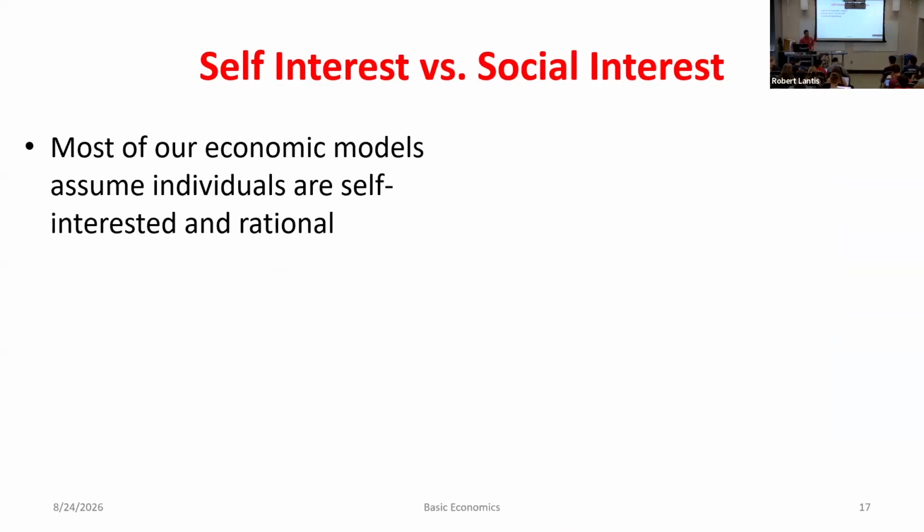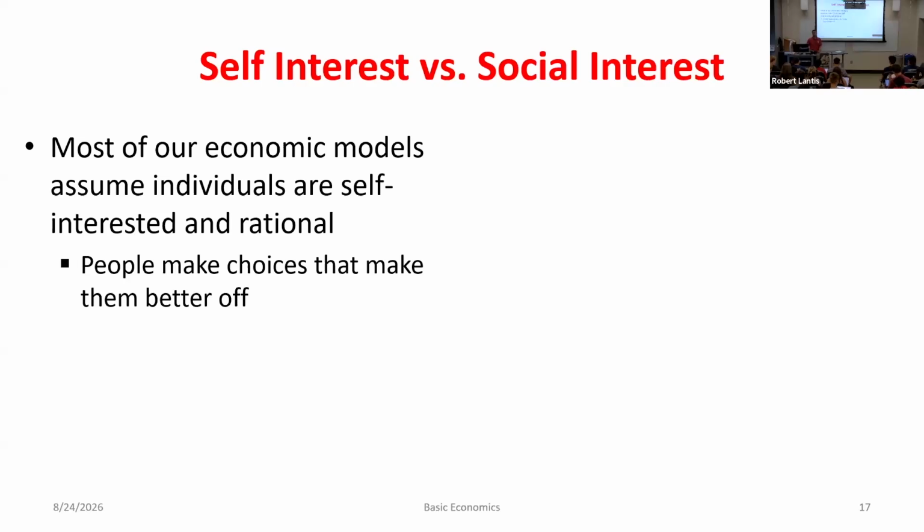So when we're thinking about individual decision making, people could make decisions out of self-interest, but they could also be making decisions out of social interest, right? What we're going to assume is that every person we're talking about, whether that's a consumer buying something, someone working for a firm, or the people making decisions that lead these firms, they're all doing it out of self-interest.